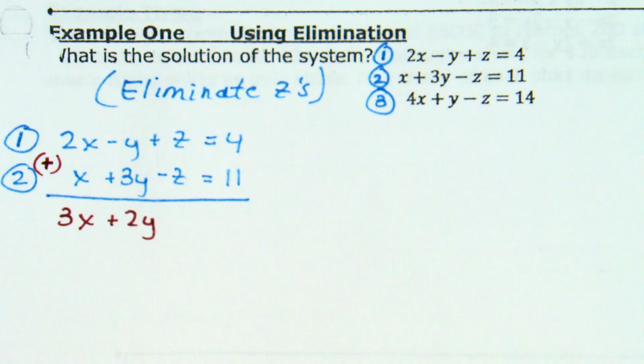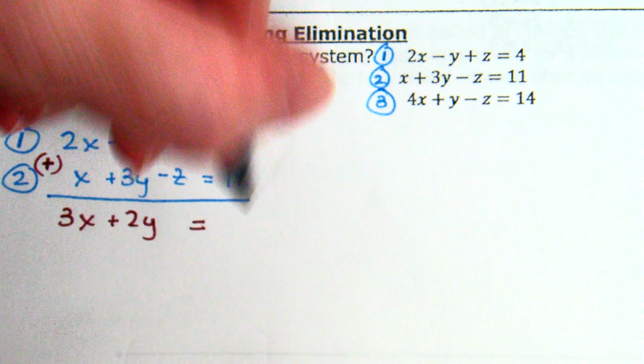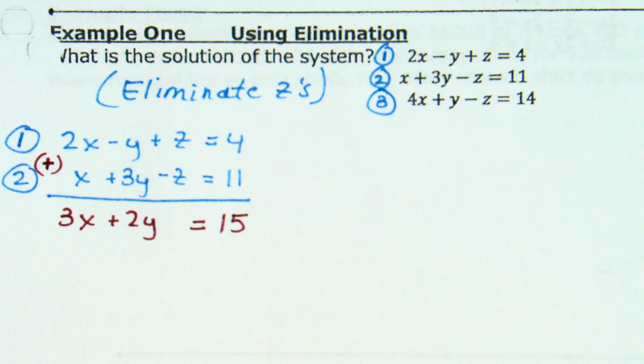Z plus negative z cancels. Carry down your equal sign. 4 plus 11 is 15. So I have used equation 1 and 2, and I have created a new equation that now only has 2 variables. For something to reference, I'm going to call this equation 4.